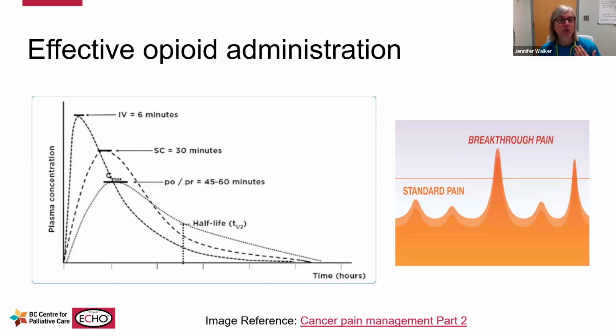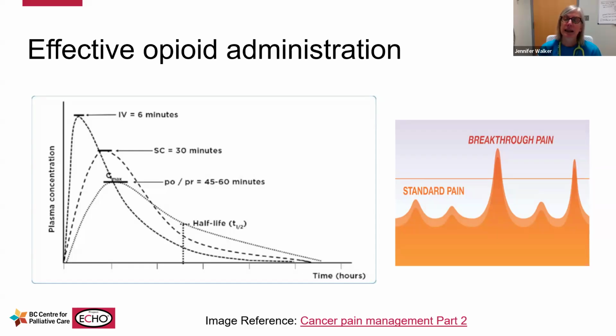Similarly, if someone has received an oral opioid an hour before, either a scheduled or a PRN dose, and they're asking for pain relief or looking like they're in considerable pain after an hour, it's absolutely fine to give them that PRN breakthrough dose.